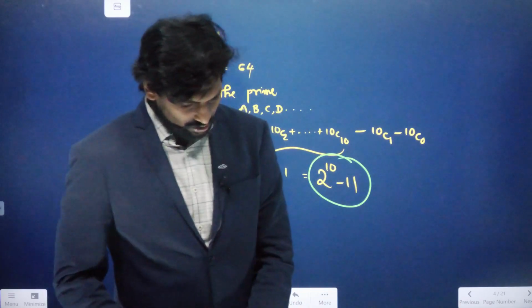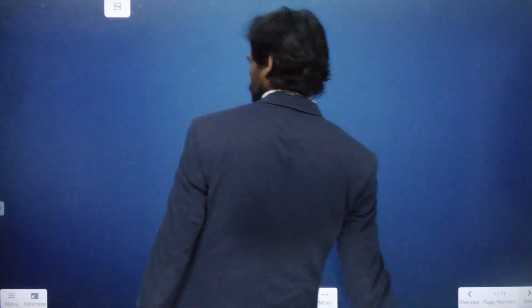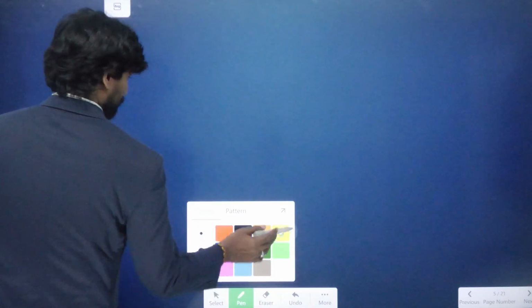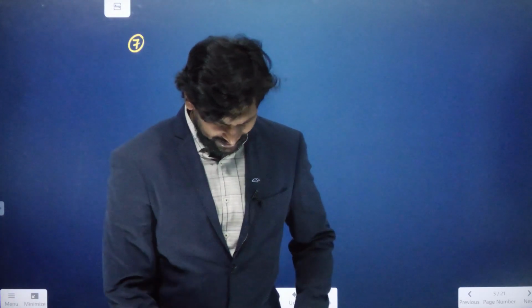Okay. So let us move on to problem number 7. A question paper contains 6 questions, each having an alternative. So all 6 questions have the alternative it seems.